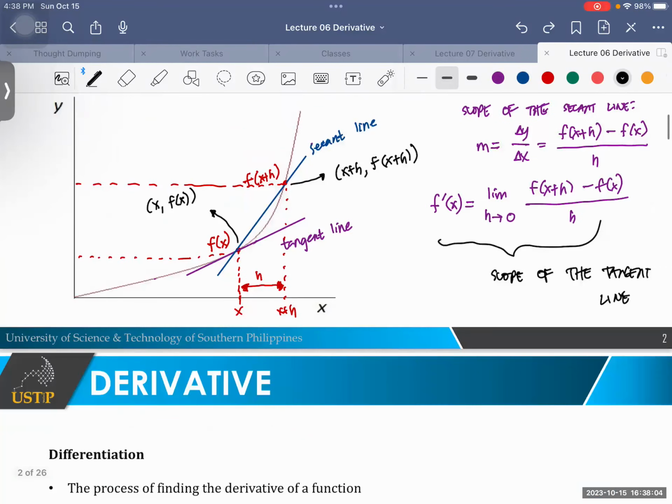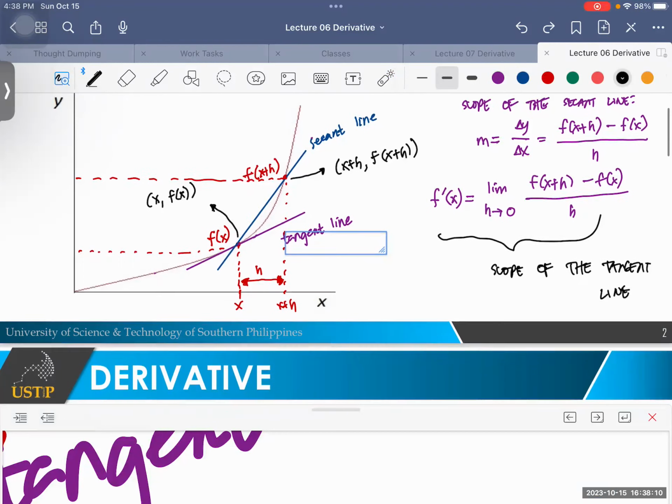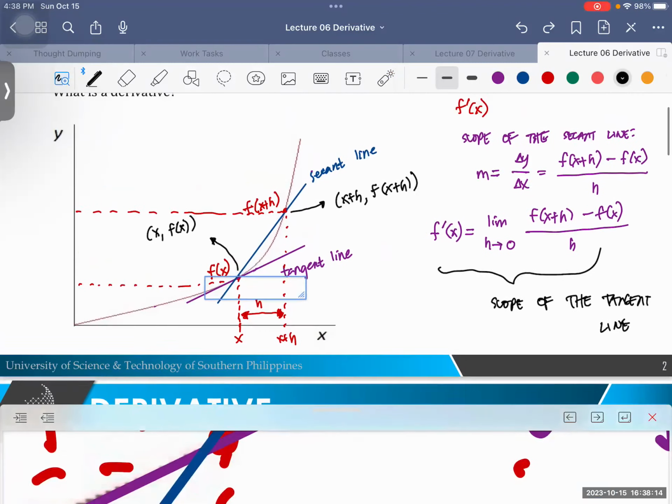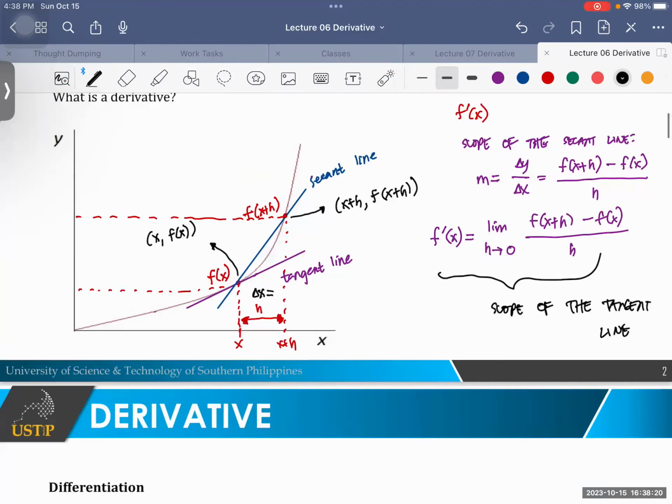But basically, they're the same. The h here is what is denoted as the change of x. Okay, the change of x is our h.